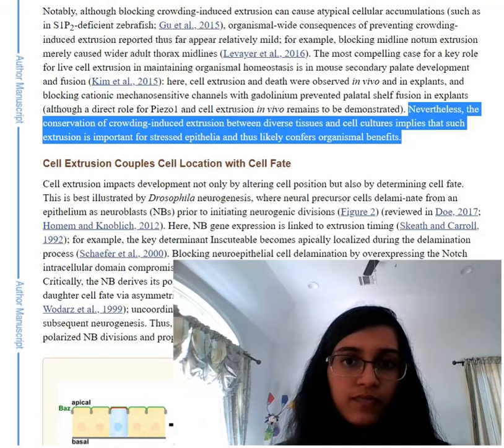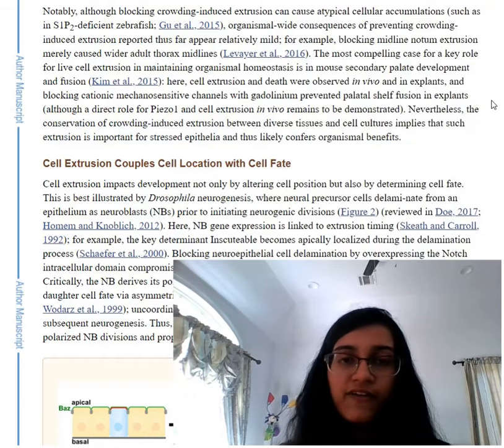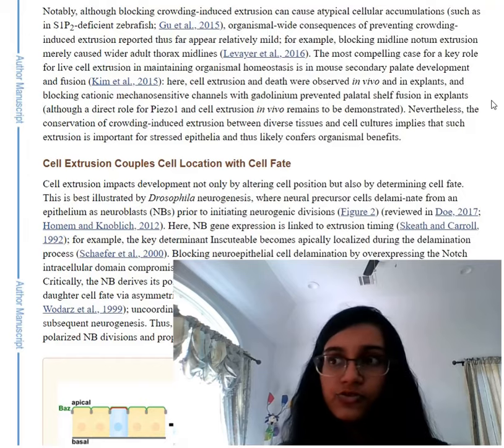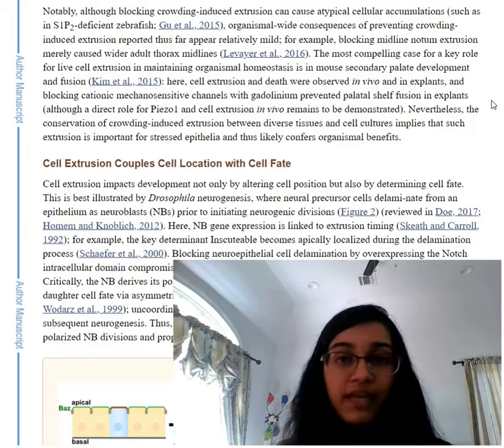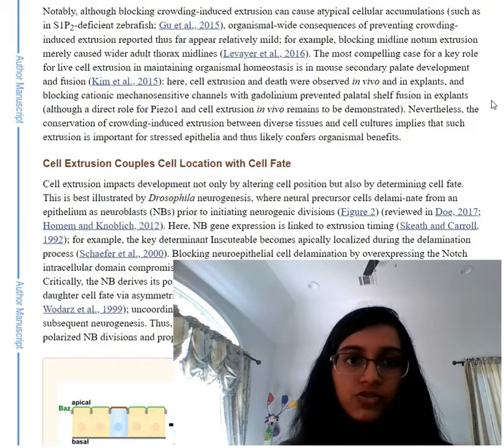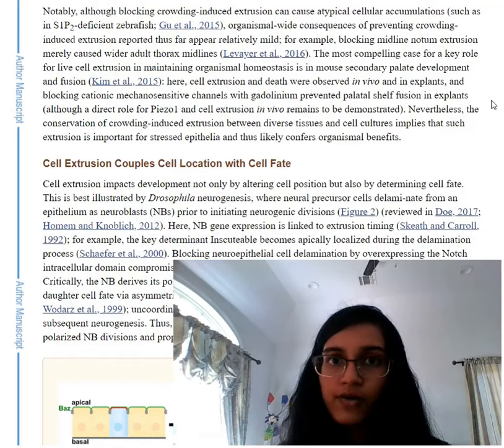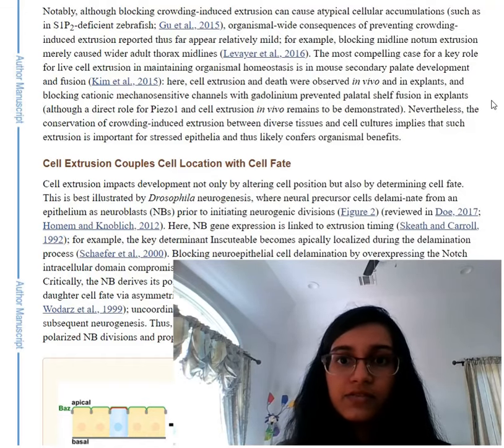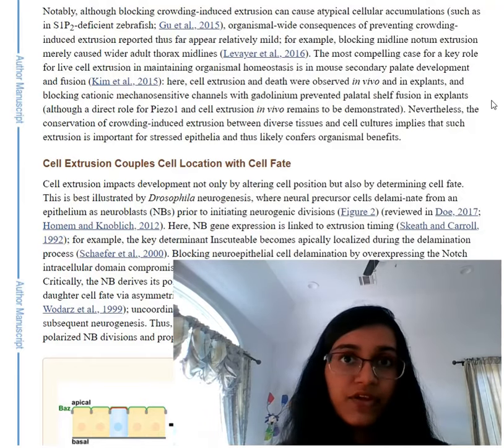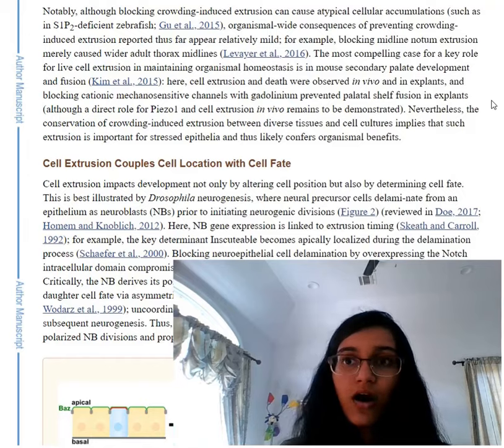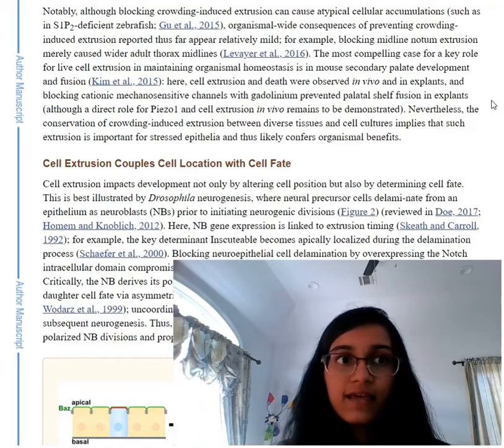So there is, in fact, a reason that cell extrusion might be necessary in the body to stop overcrowding and to make sure that the density of cells in any epithelium in the body is kept at a constant condition, kept at their normal rates, and maintained via homeostasis.